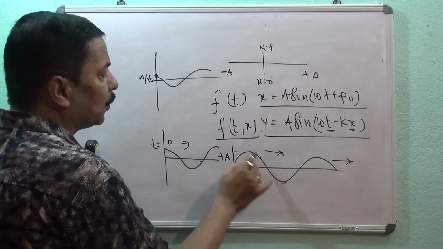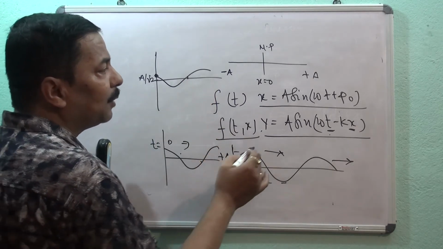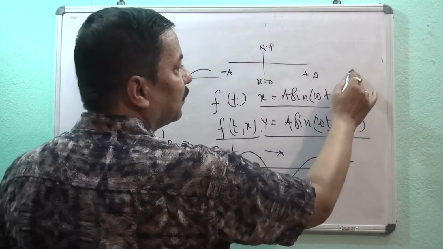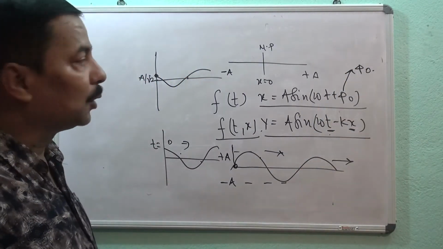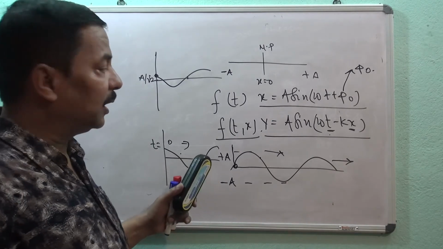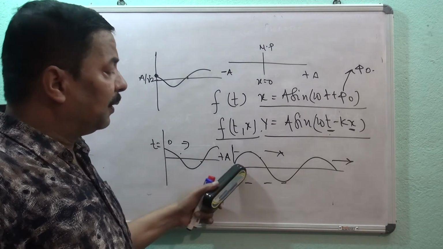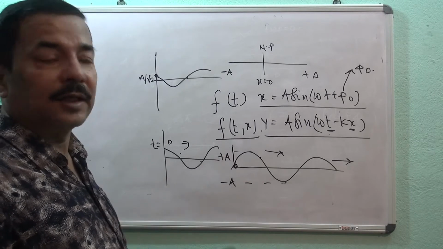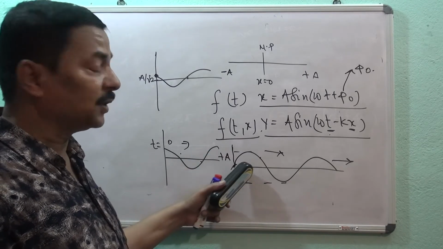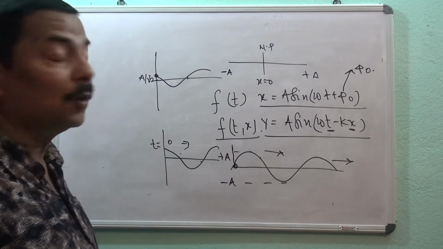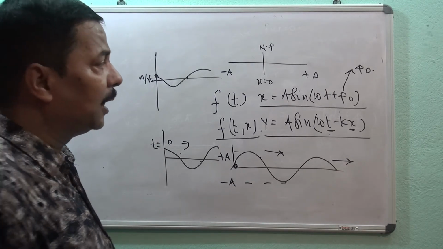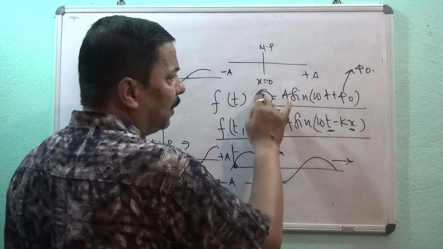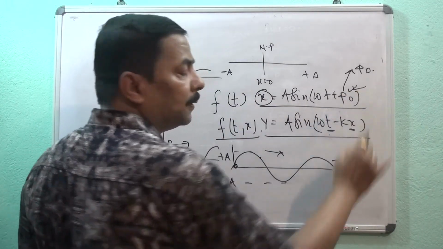So these equations you can find if you have the understanding of this concept, that is, if you know the initial phase. Only then will you be able to give the equation of such a plane progressive harmonic wave. So what I mean to say, now I will make you understand in SHM how we calculate the phase.